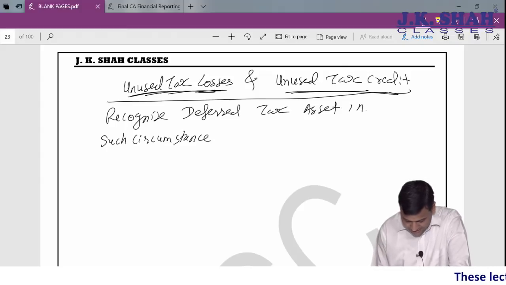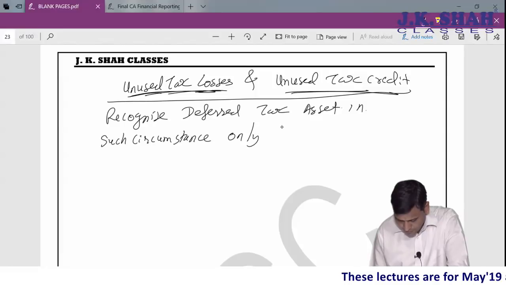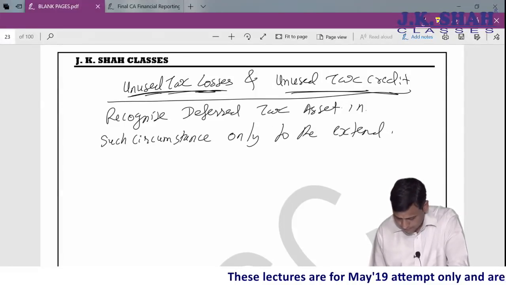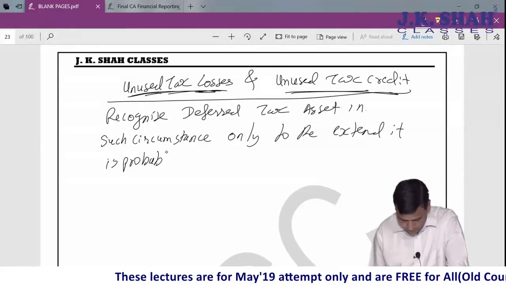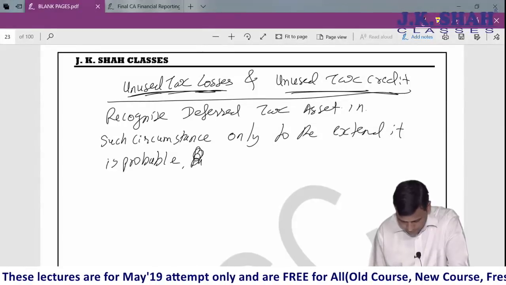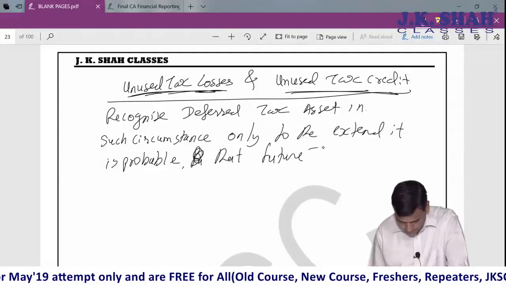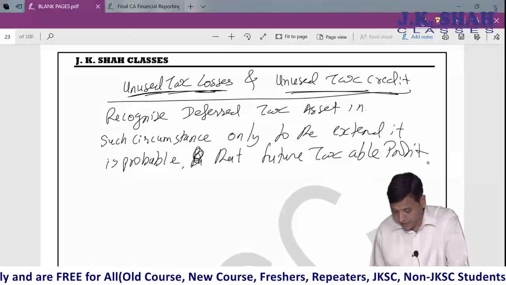Recognize deferred tax asset in such circumstances only to the extent it is probable that future taxable profit will be available against which this tax credit or tax loss can be used.